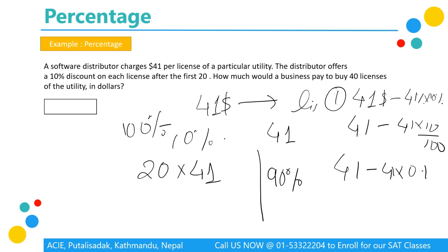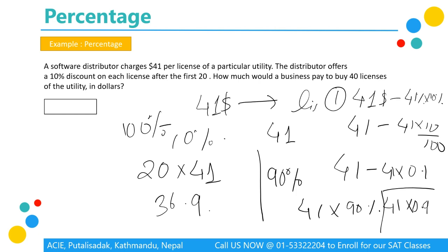So instead of doing the whole minus thing, we can just do 41 into 90%, or even easier in decimal format, 41 into 0.9, which gives us a value of 36.9. Therefore, 36.9 चाहिँ लाग्छ to get a license after the first 20 has been made.